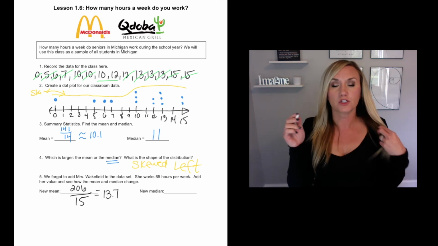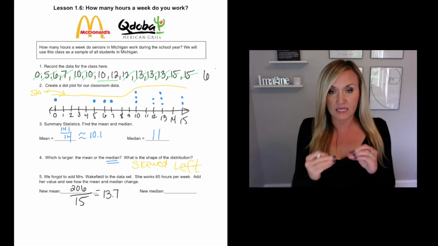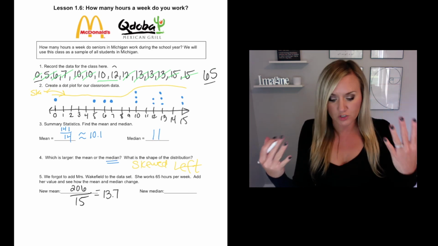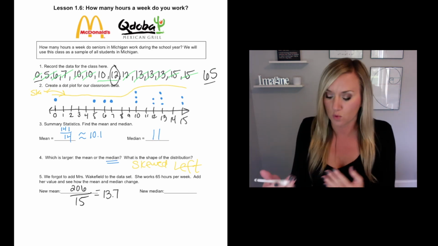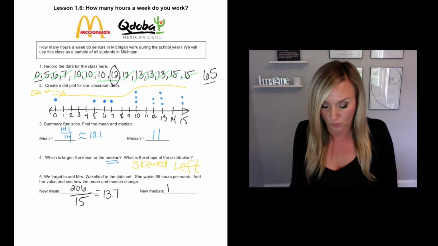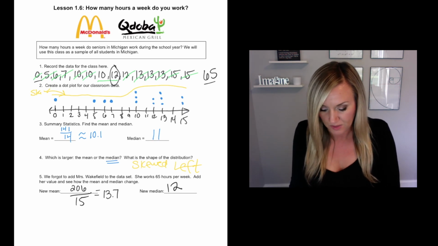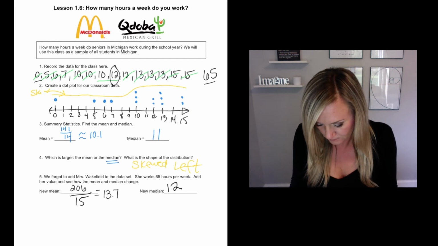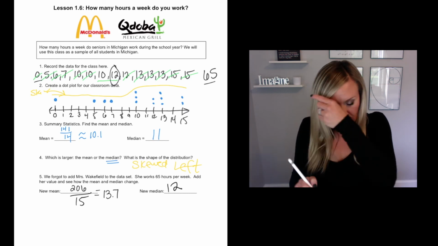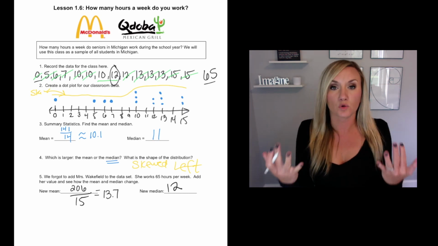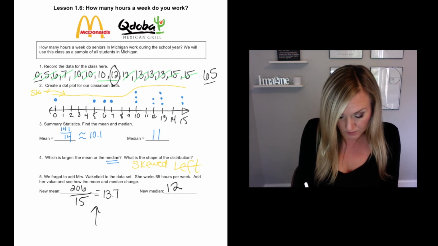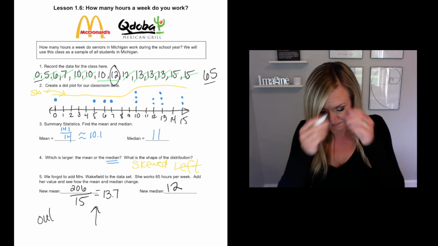With our outlier and our skewed data, our new mean jumped up by 4, which is a whole lot more than jumping up by 1. So the median went up by a little, and the mean increased by a lot, a lot more than it did for the median.